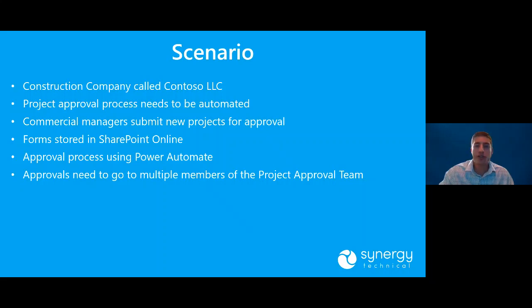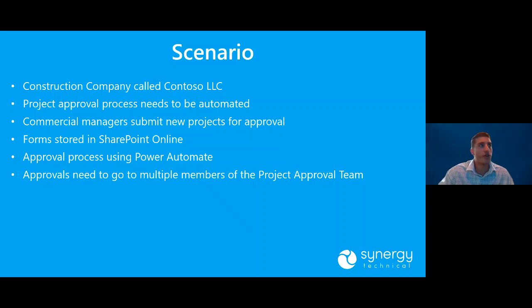What I wanted to do is base our demonstration off of a real life scenario that I have actually gone ahead and created beforehand. You can see here, we have a scenario, and I'm just going to read through some of the bullet points here so we can understand the scenario that we're dealing with. We're just going to pretend that we are a construction company called Contoso.